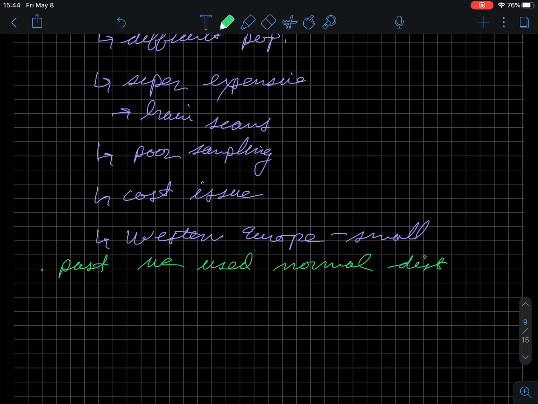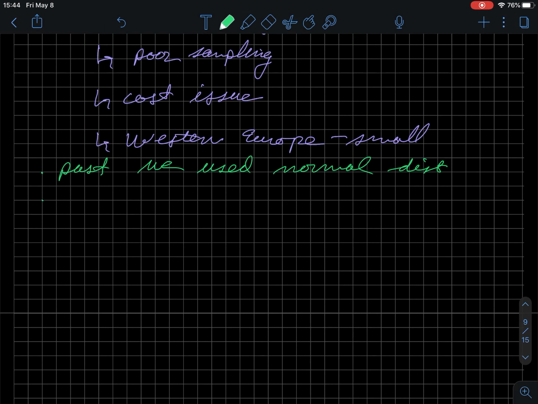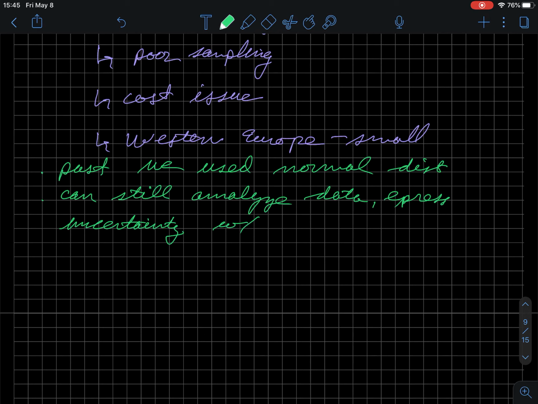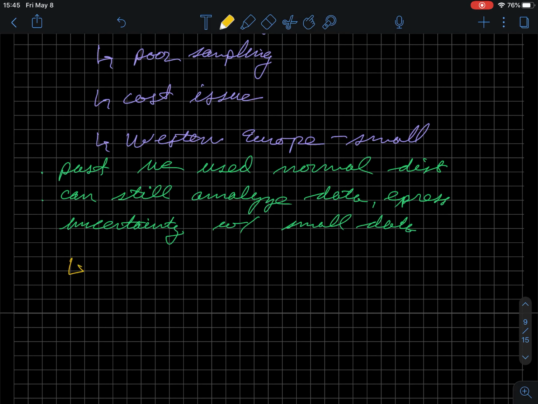We can still do our analysis, and we can still analyze data and express uncertainty with small data. And we use this with the t-distribution.